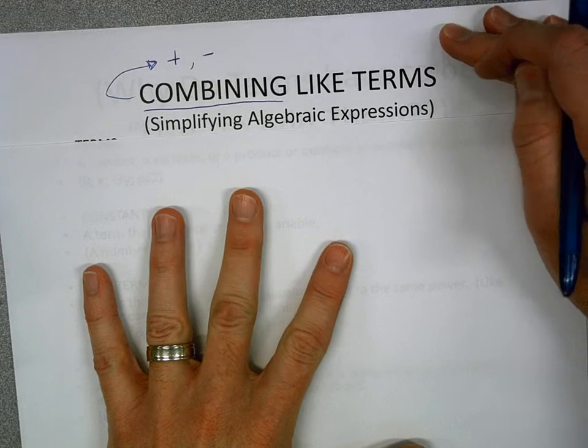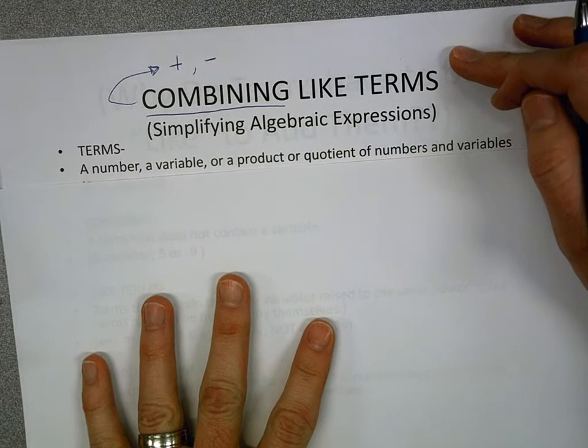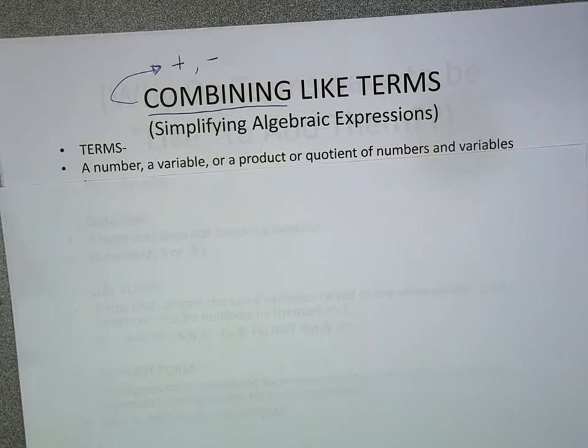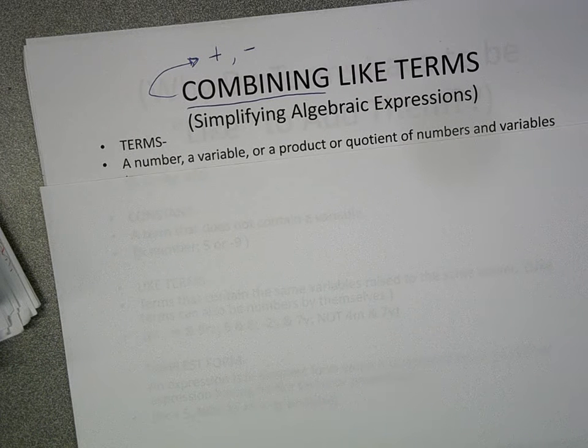Here is our very first vocab word: terms. Everyone? Let's try better. We can do better than that. Terms, everyone? Terms. All right, so here's what your book says a term is. A term is a number, a variable, or a product or quotient of numbers and variables.